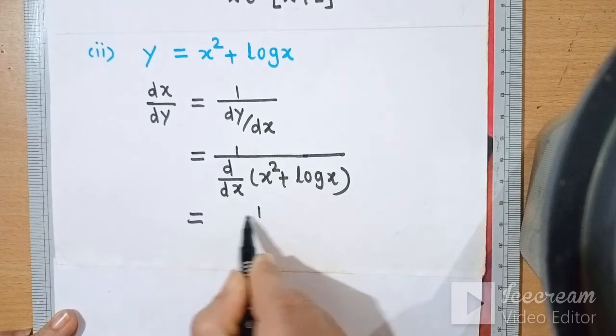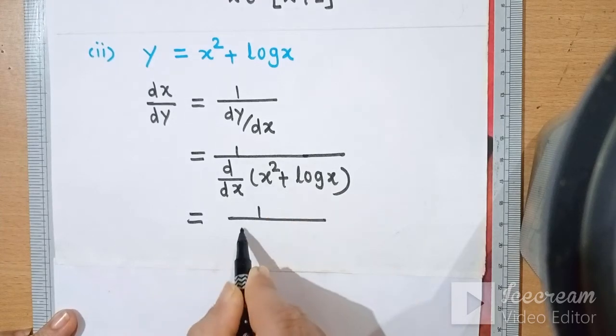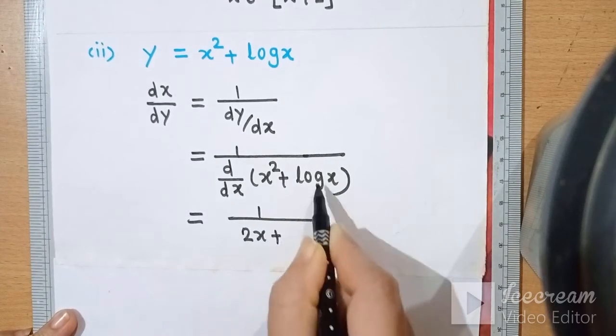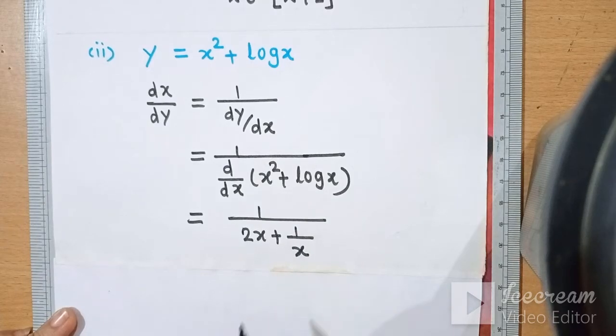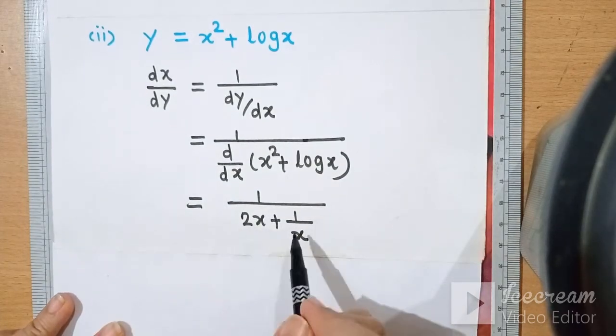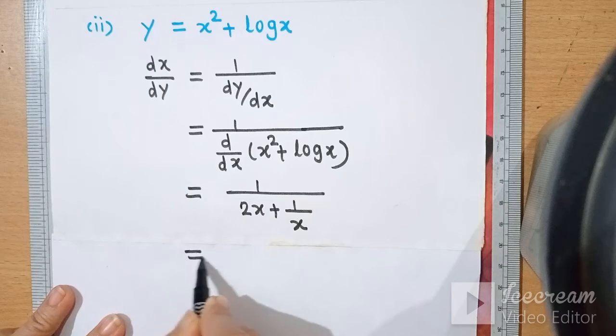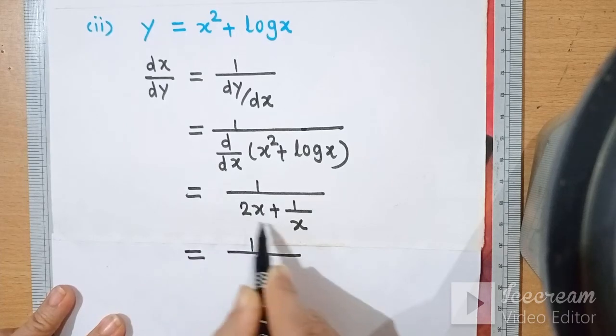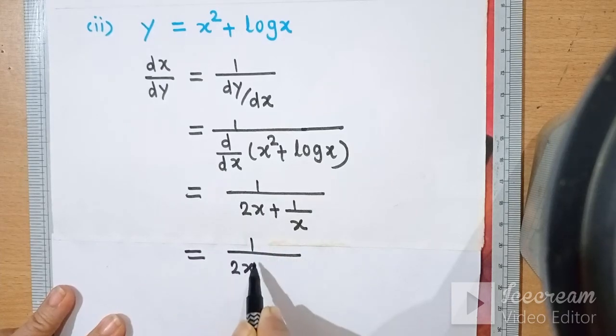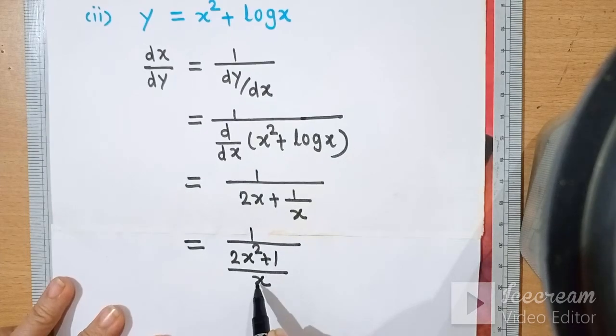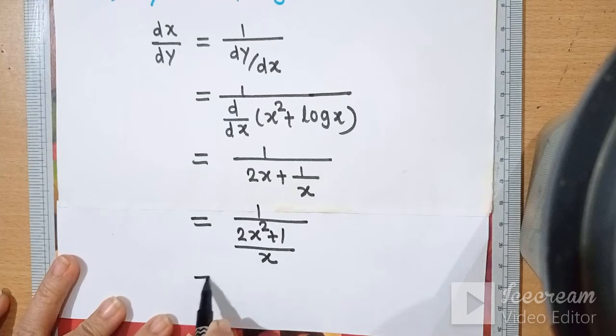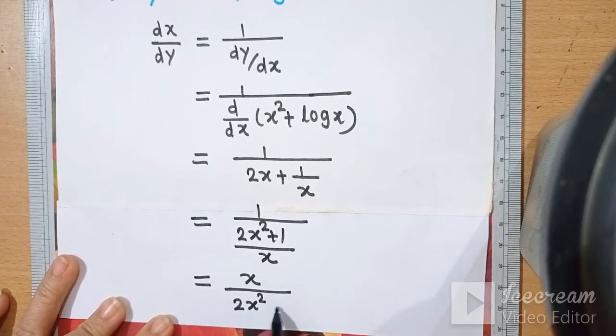So that is equal to 1 upon, the derivative of x square is 2x, and the derivative of log x is 1 upon x. Now here make the denominator the same. So the next step is 1 upon this into this, that means 2x square plus 1 upon x. Again this term will go upside, and so the final answer is x upon 2x square plus 1.